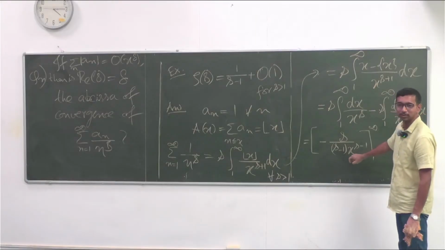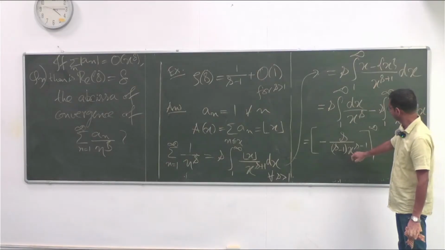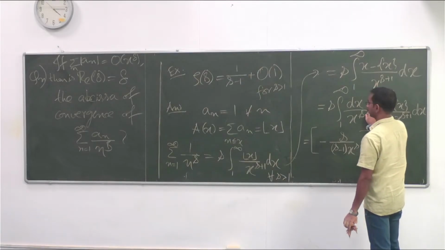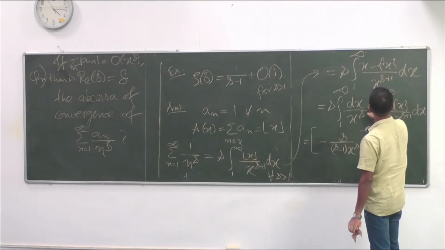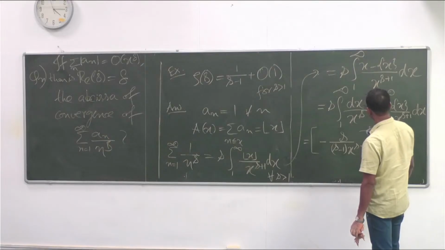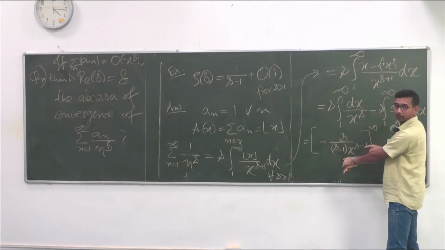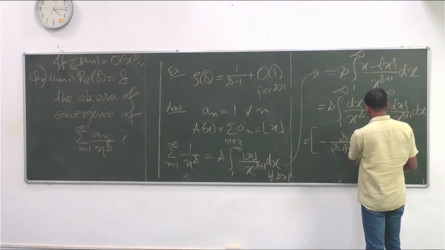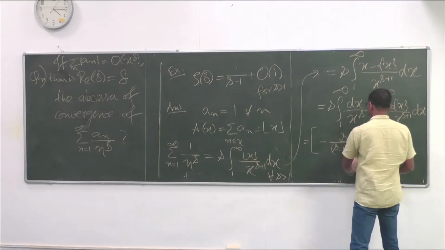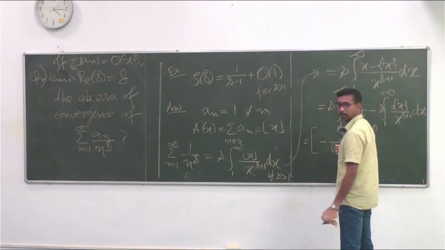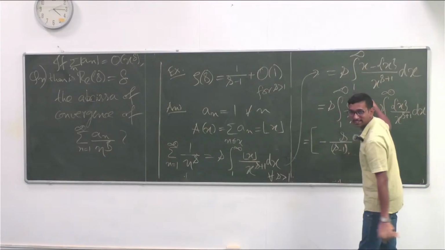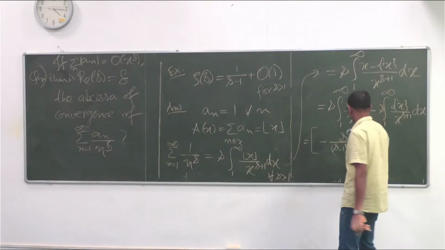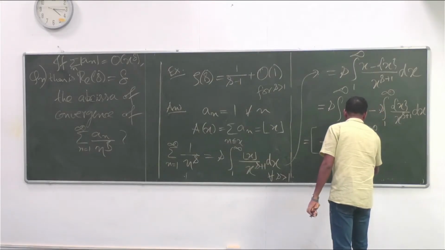But I haven't understood. X to the power, wait a minute, the integral was, after integration you are getting x to the power minus s. But it was x to the power minus s, right? So it is minus s plus 1 should be, and then it is coming below, right? So it is just s minus 1.